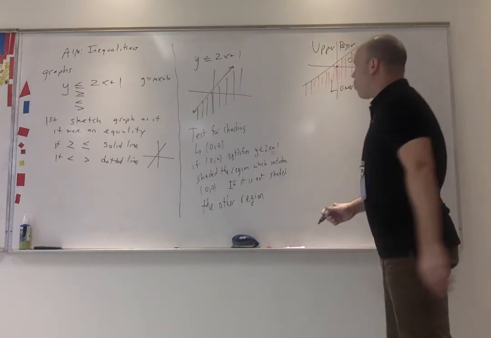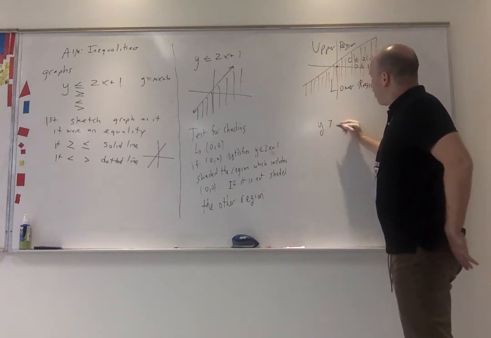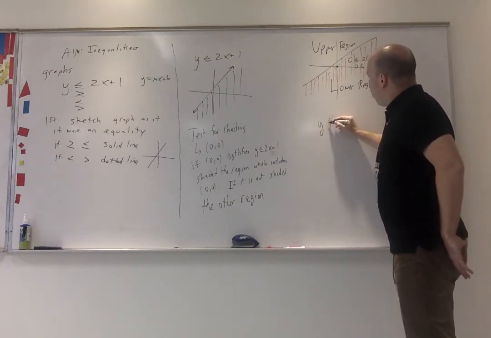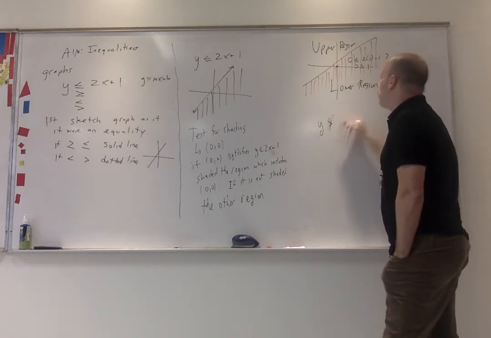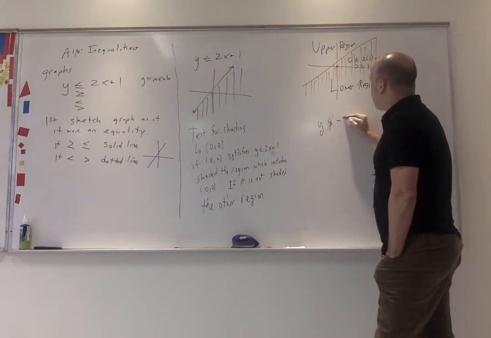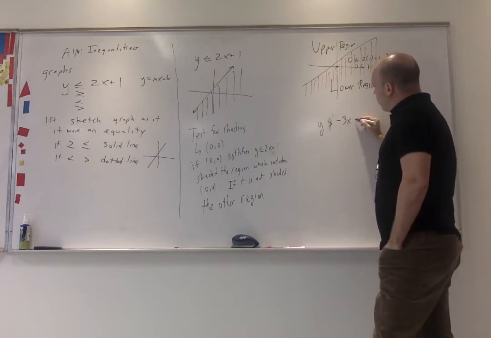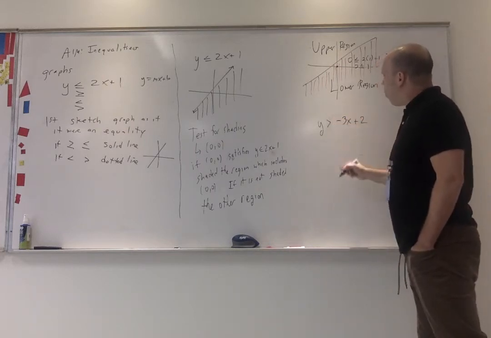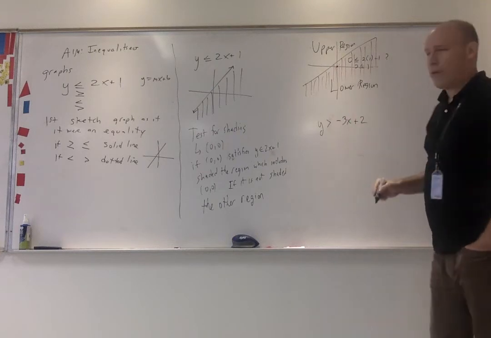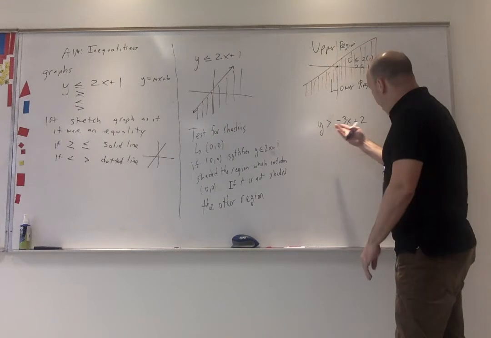Let's try another one. Ready? Y is greater than negative 3x plus 2. Okay, so you say, Mr. Adler, I know how to graph this line.